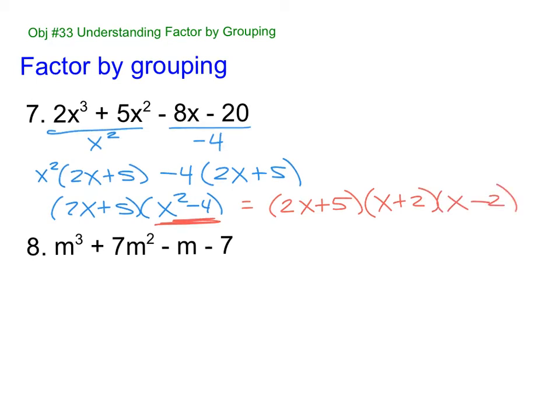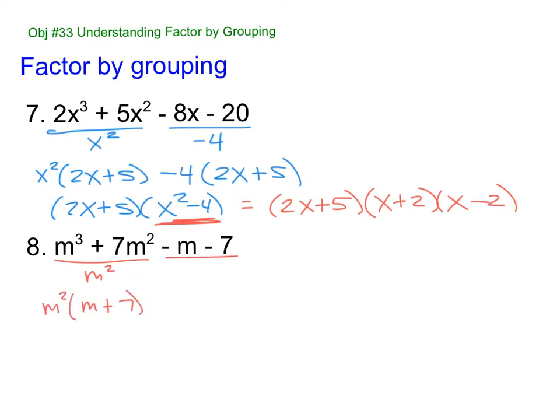So if it is easily factorable, it is required. If it's something weird, like with the 3, you can, but you don't have to. But in this case, you have to factor this. Same with number 8. So if you didn't factor a second time in number 8, pause and do that right now. So we've got m squared, m plus 7.